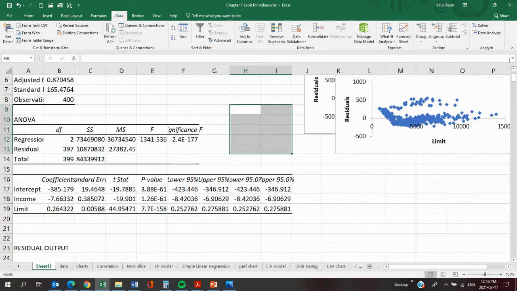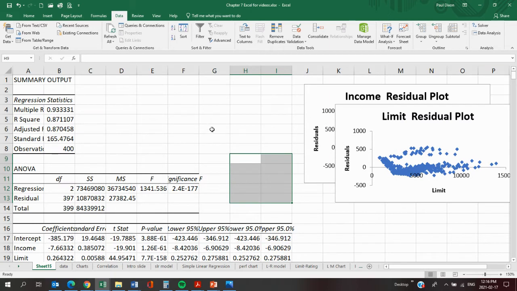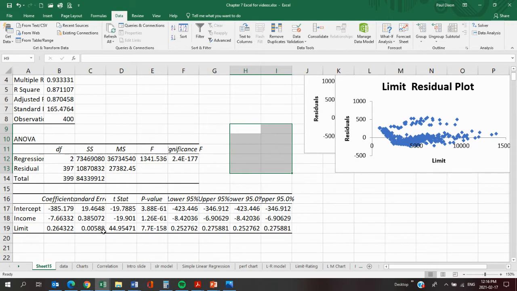So if you look at this, it's got now an R square of 0.87, and, oops, sorry, this is income and limit. That's not what I wanted. I wanted rating and limit. Let me go back and do this again.